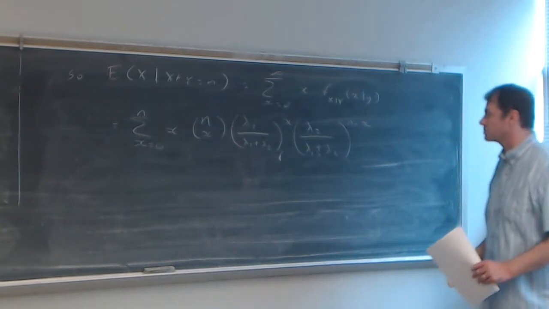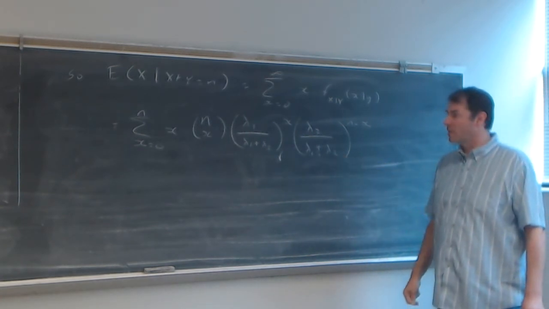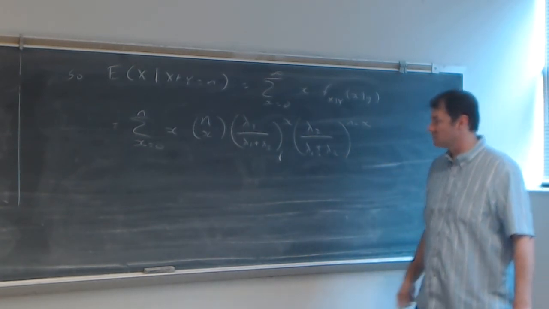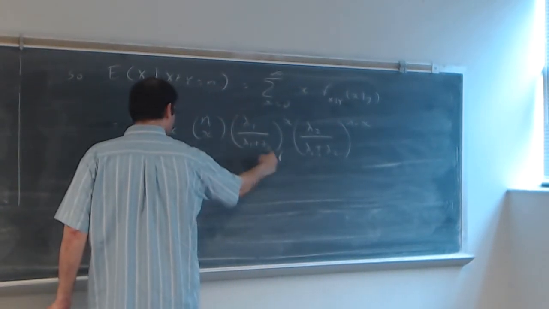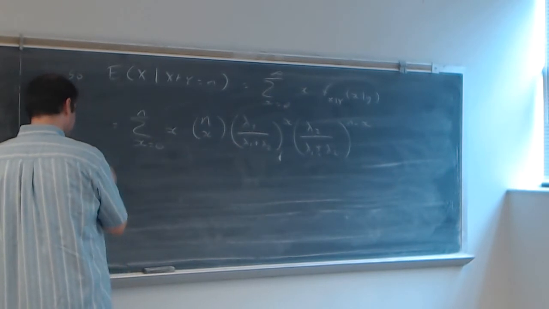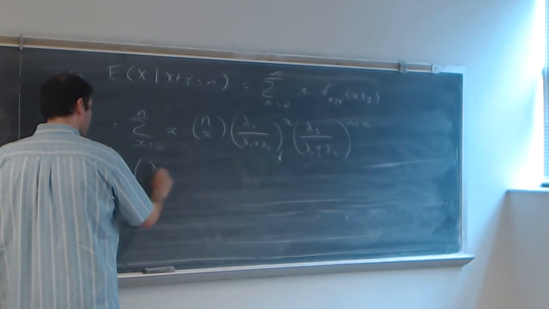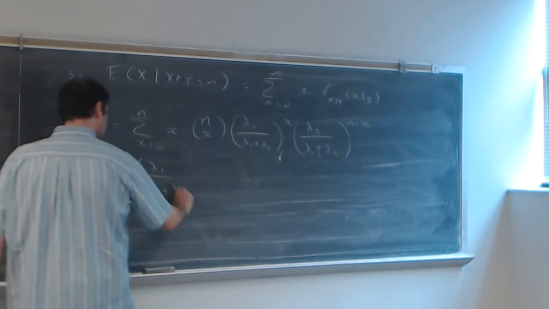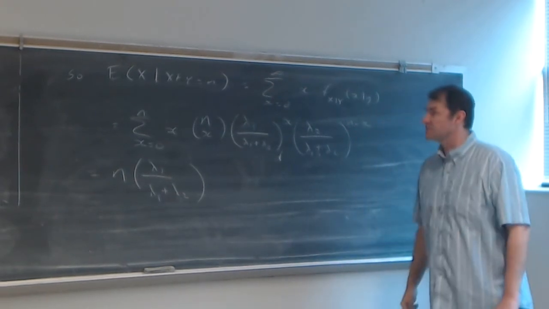But that is the expected value of a binomial random variable x with parameters n and lambda 1 over lambda 1 plus lambda 2. So the expected value of that is n times p, so n times lambda 1 over lambda 1 plus lambda 2. That's what we get, and that's the answer.